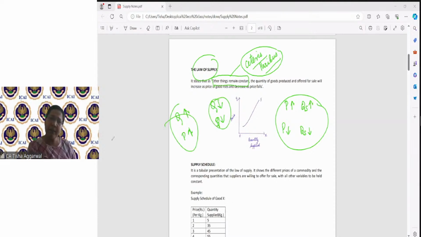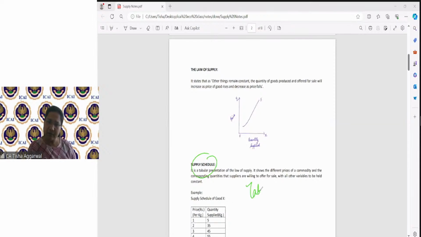Now, the moment I put this logic in the form of a table, stating that if the price of a tomato is 1 rupee, the quantity supplied will be 5 kg. If the price increases to 2 rupees, the quantity supplied will be 35 kg. If the price increases to 3 rupees, the quantity supplied increases to 45.